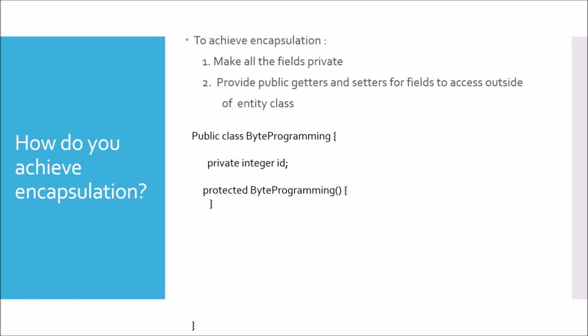This id is of type integer and it is private, so it can only be accessed inside the ByteProgramming class. To access this id outside the class, we provide public getters and setters. getId is used to get the value of the id and setId is used to set the value of the id. And if you note, the modifier is public for both of them.